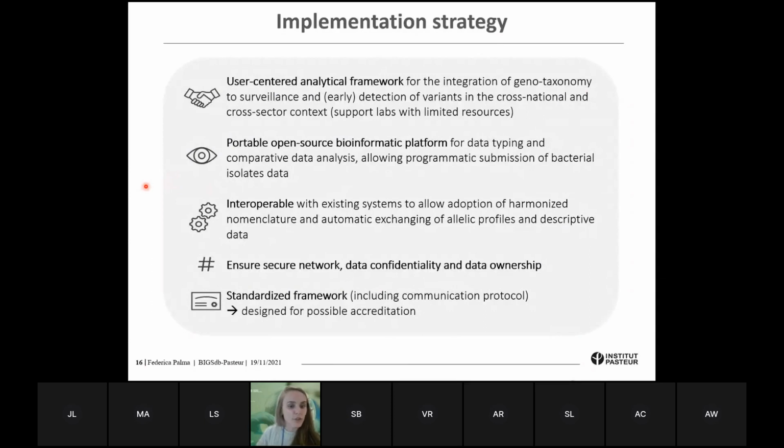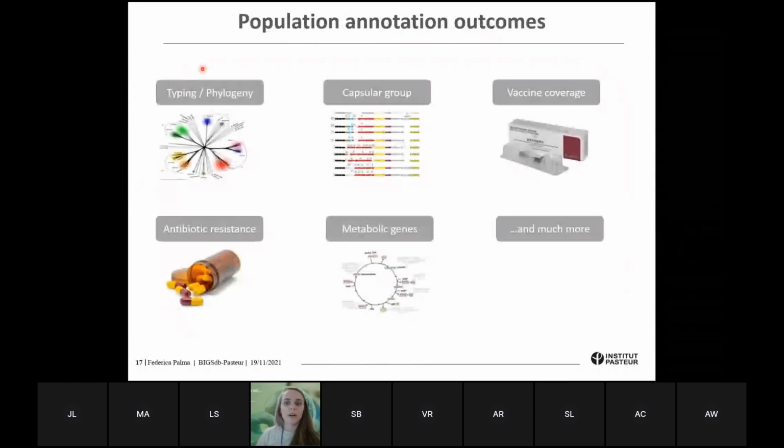In addition, it also ensures a secure network, confidentiality of data, and ownership of data, and allows for the development of standardized network frameworks.